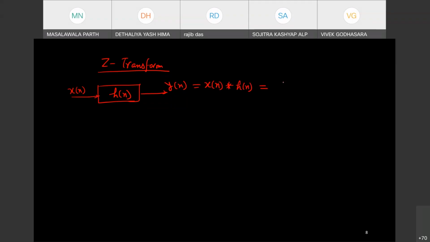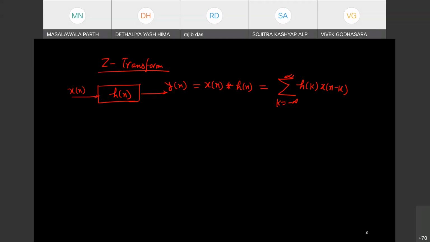And that we can write as the summation of h of k and x of n minus k, where k equals minus infinity to infinity, right? This is the convolution in discrete domain.